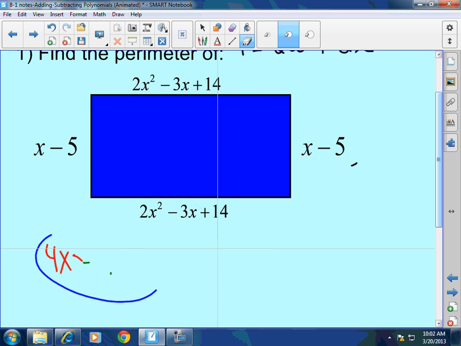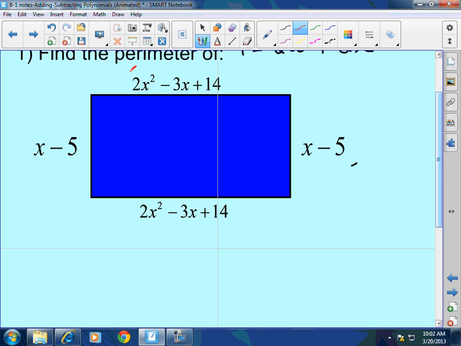If I were to see this, to be honest with you, I would have just multiplied everything here by 2 and distributed. But we haven't learned how to do it, so it's not fair. Another thing I could have done, I could have just recognized, okay, I got a 2x squared and a 2x squared, so that's 4x squared. Negative 3x, x, negative 3x, and x.